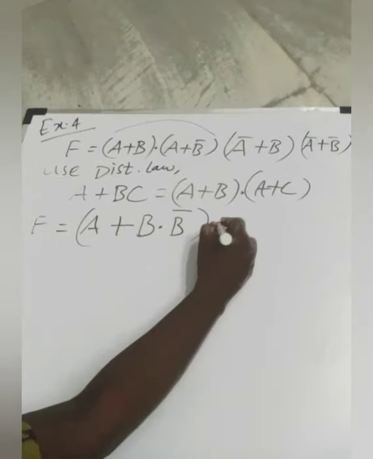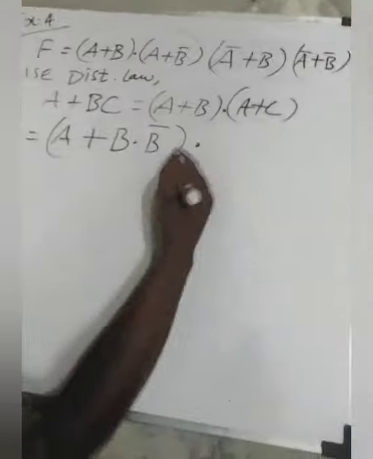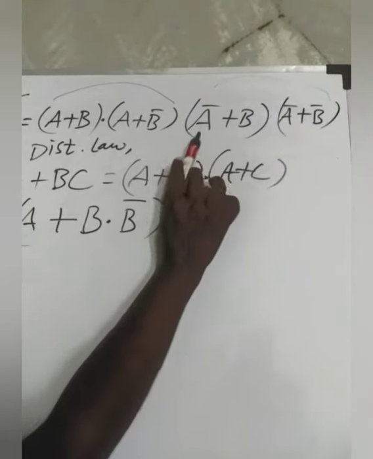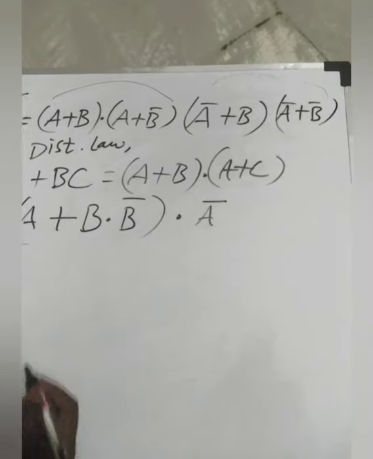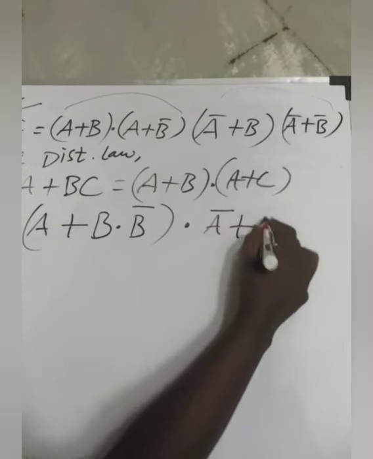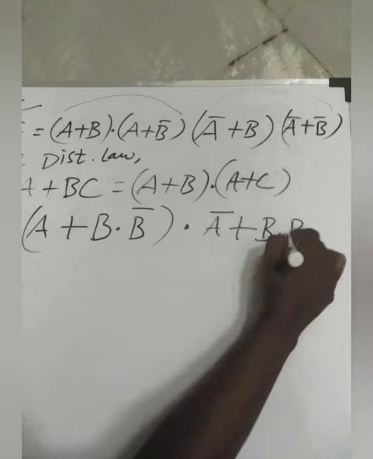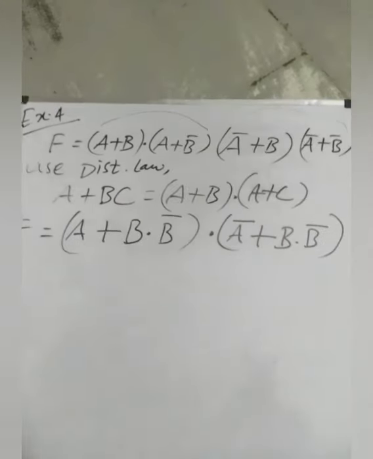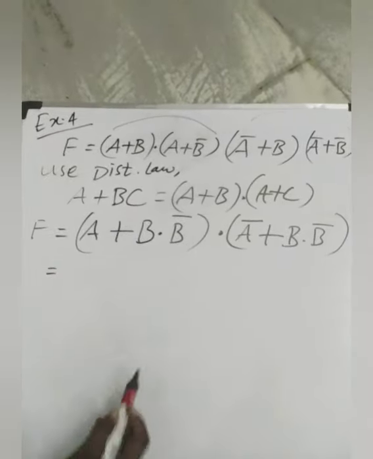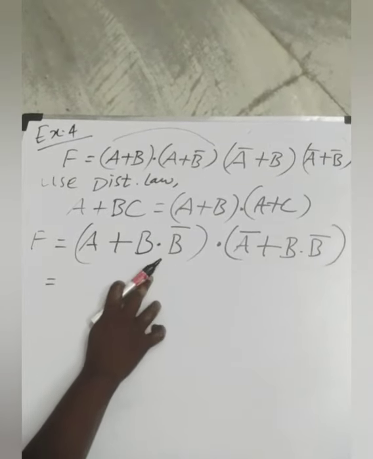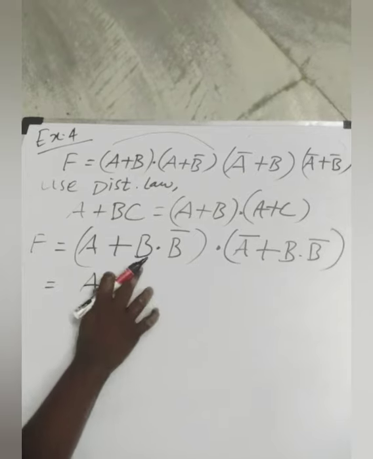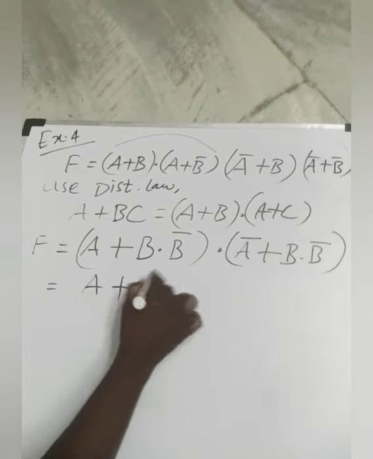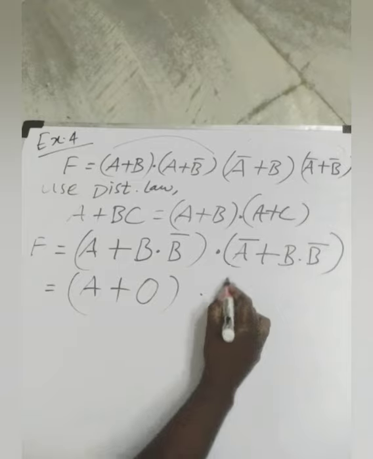Then take these two terms. So here, ā will be common, plus b·b̄. And we can apply 0 over here, as b and b̄ will give 0, and here also the same.